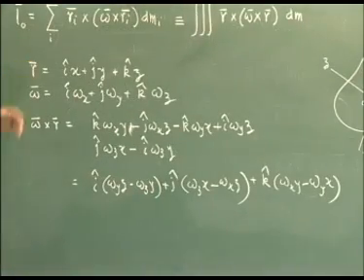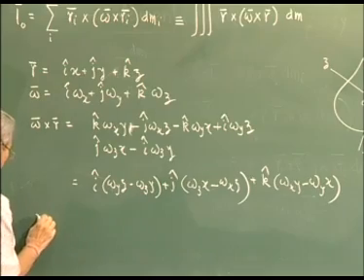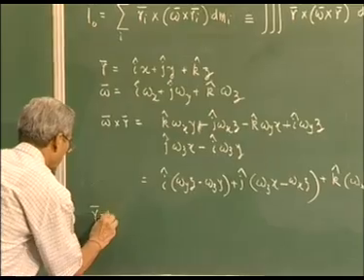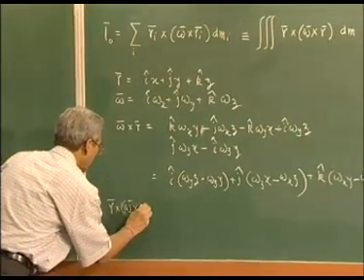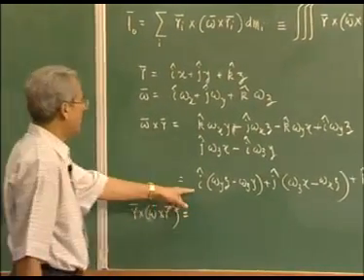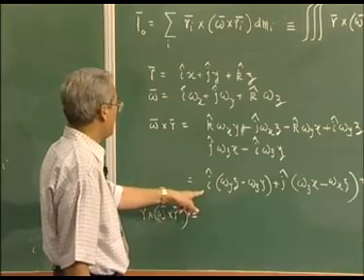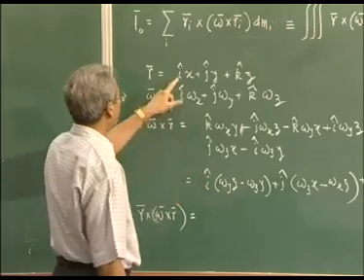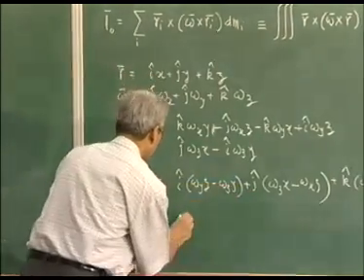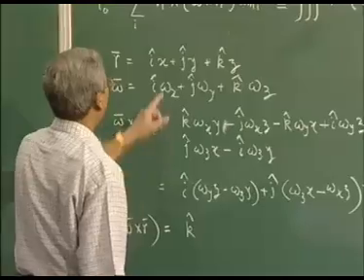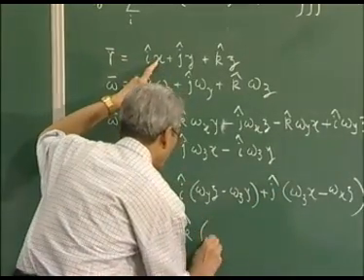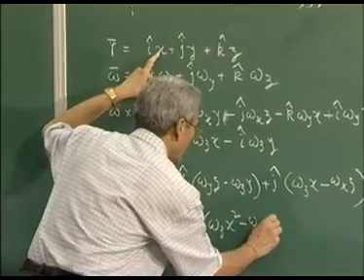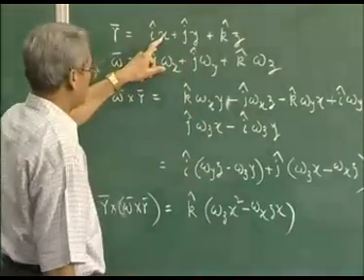Now, if we take the term r cross omega cross r, then we have to again pre-multiply this by r. So, it will be i cross i is 0, i cross j will be k, and this x into this.